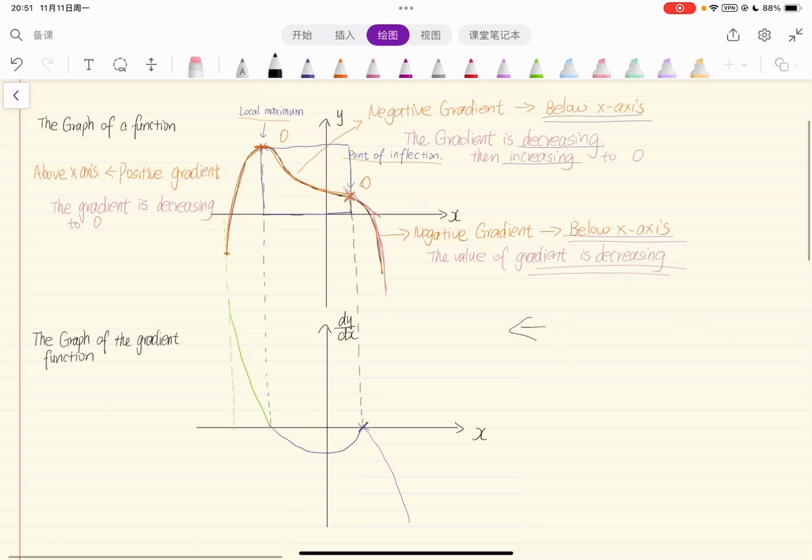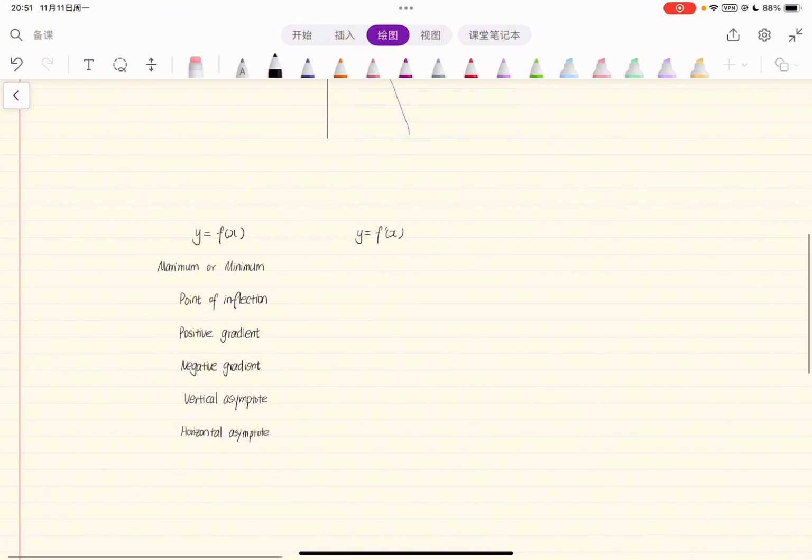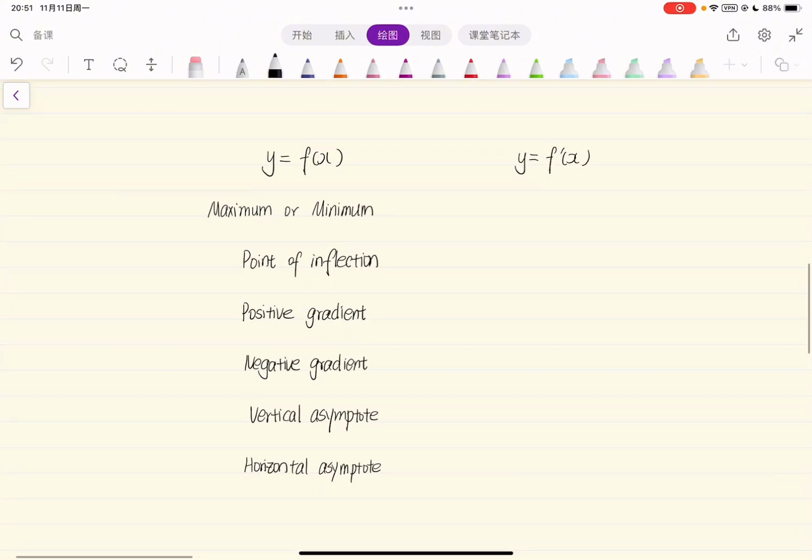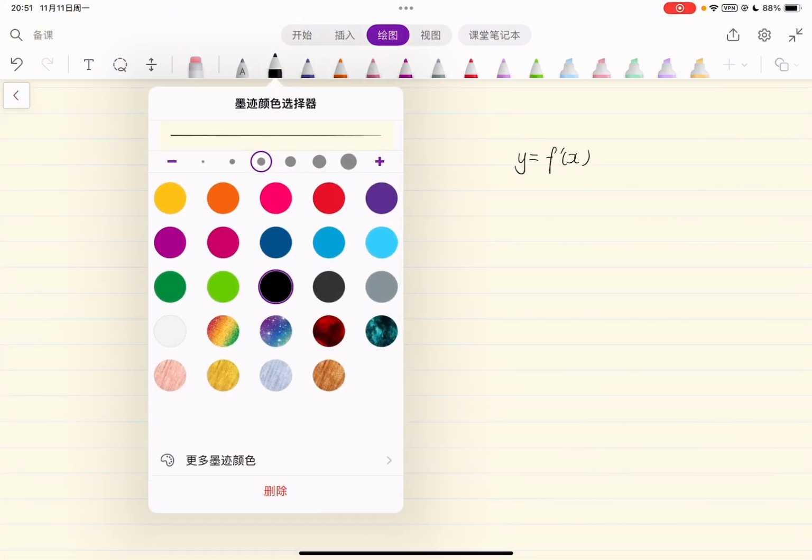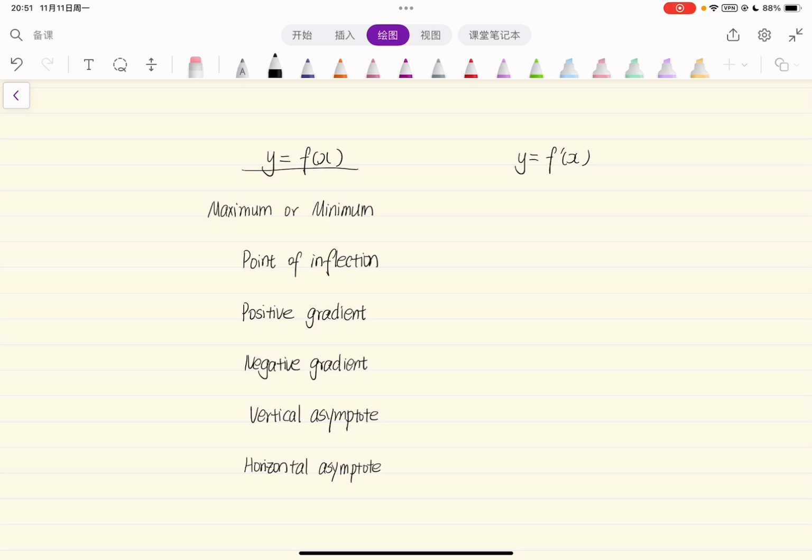So overall, let's list a table of some key features of the function. The first one is maximum and minimum points. It means that the gradient is 0. So at this point, the curve cuts the x-axis.